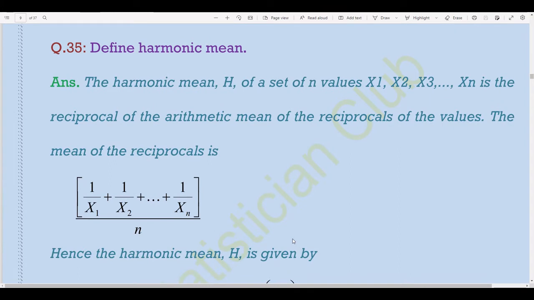Define harmonic mean. What is harmonic mean? Harmonic mean, denoted by capital letter H, of a set of n values x1, x2, x3, and so on to xn, is the reciprocal of the arithmetic mean of the reciprocal of the values.